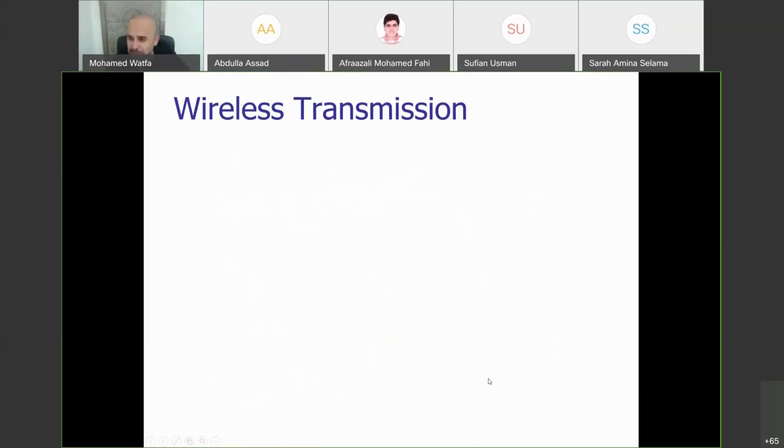Okay, let's talk about wireless for a bit. Wireless transmission. How does wireless transmission work? The idea, very similar to normal signals, is based on electromagnetic waves. The idea is so simple. Electrons, when they move, generate electromagnetic waves.